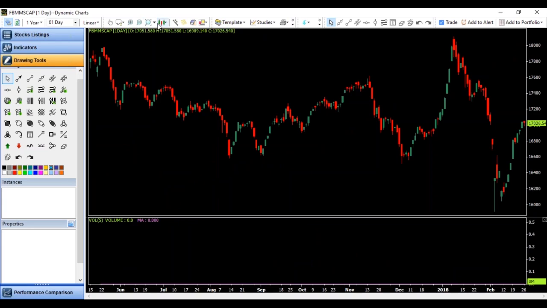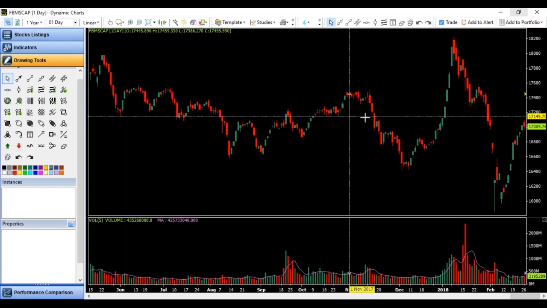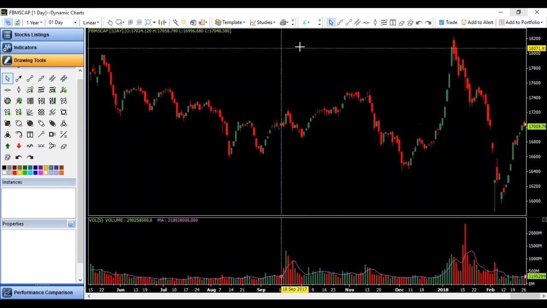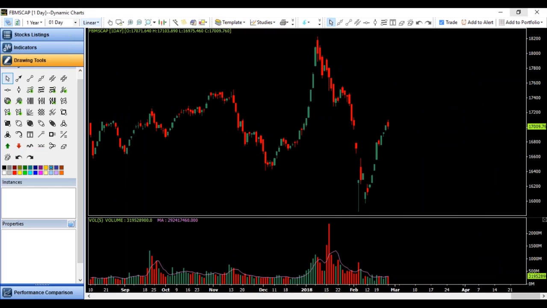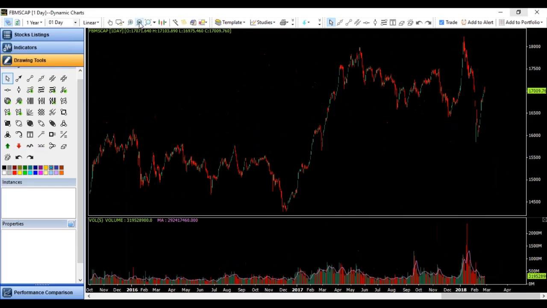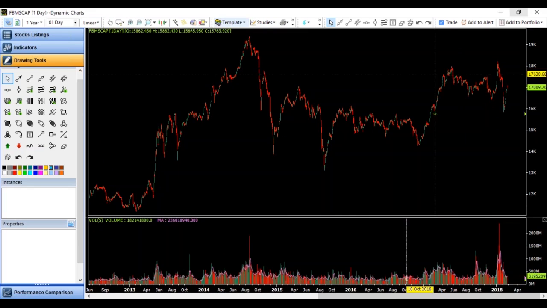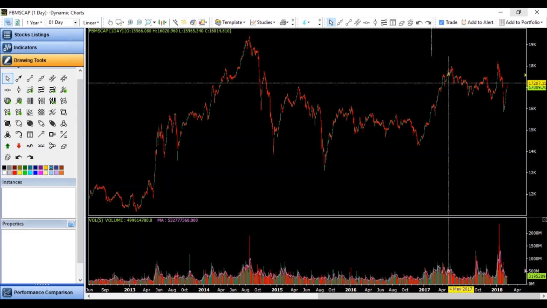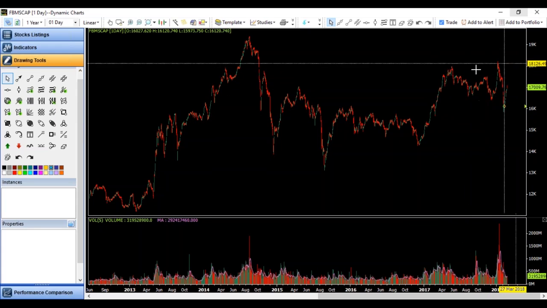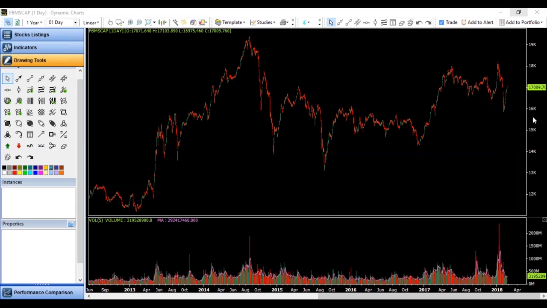This is a small cap. You see the kind of trading range it has been. I think someone just mentioned mid cap, right, Jason?